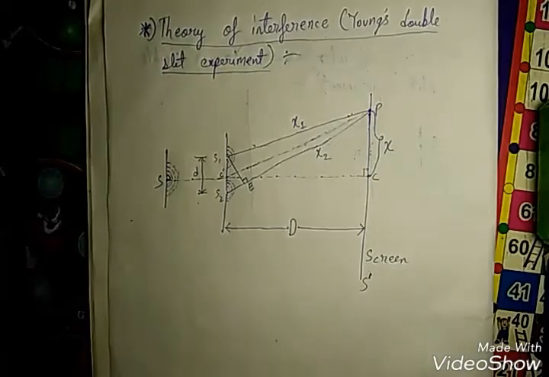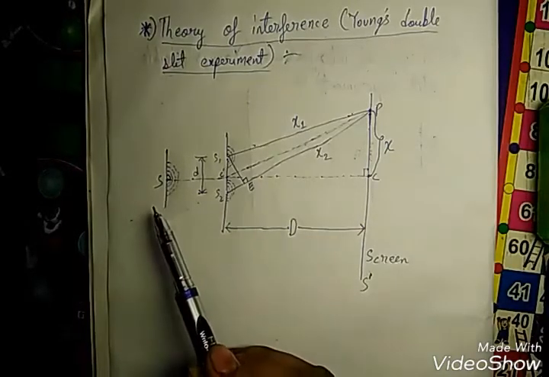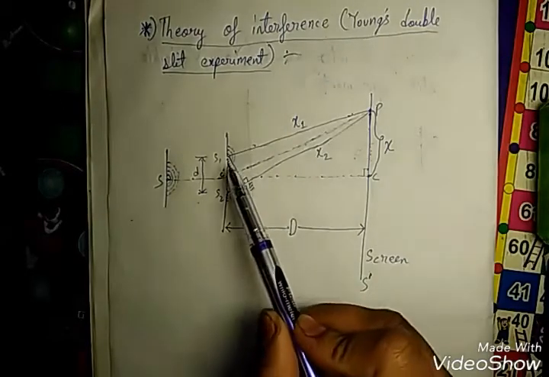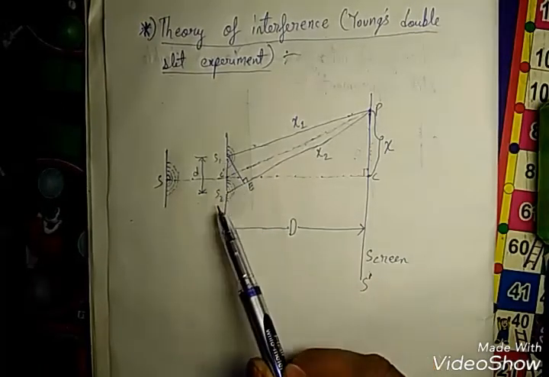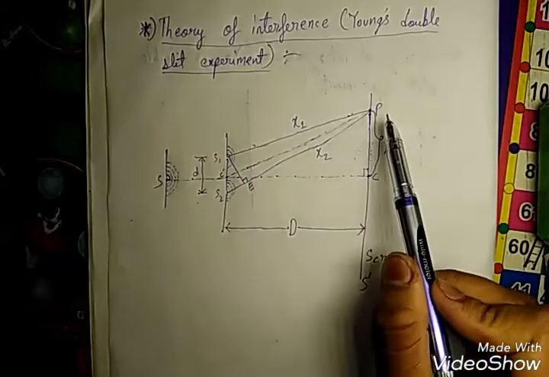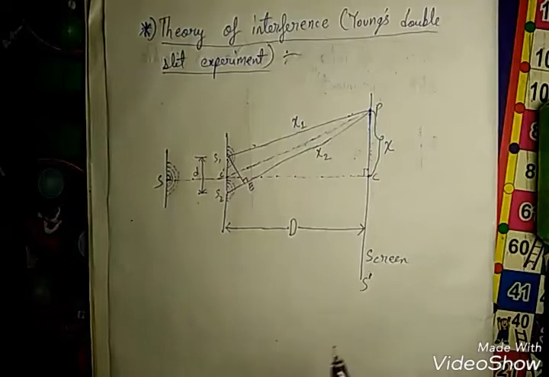Today's topic is the theory of interference, Young's double slit experiment. For this experiment, we took a monochromatic light S. This monochromatic light is passed through two slits S1 and S2 and is made to form an interference pattern on the screen S dash.